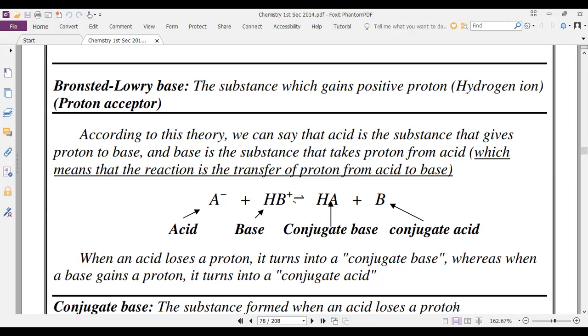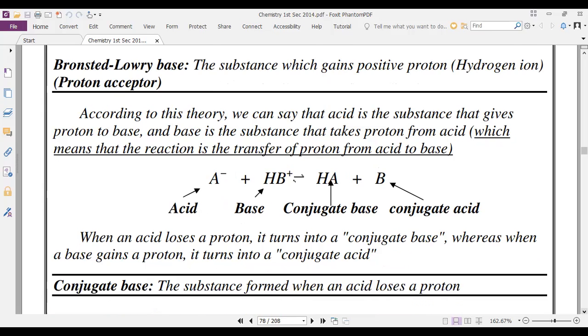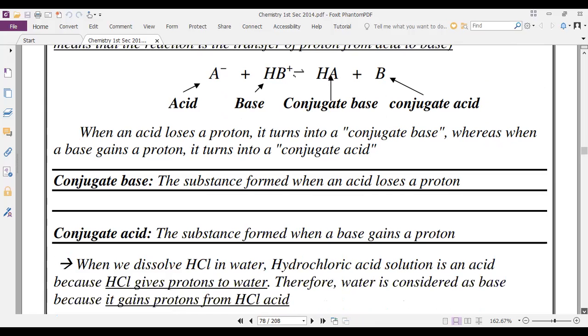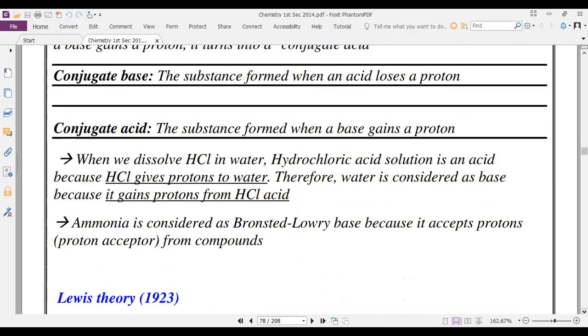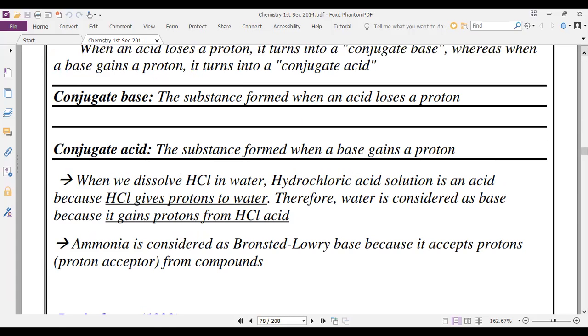When an acid loses a proton, it turns into a conjugate base, whereas when a base gains a proton, it turns into a conjugate acid. You're right. So what's meant by conjugate base and conjugate acid? Conjugate base is the substance formed when an acid loses a proton. Conjugate acid is the substance formed when a base gains a proton.